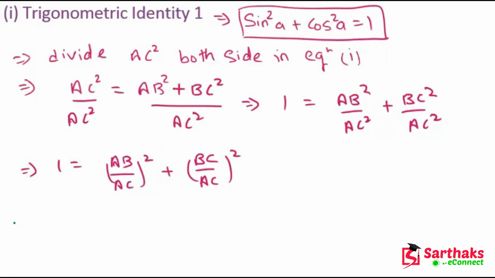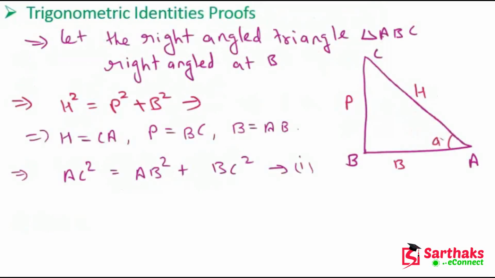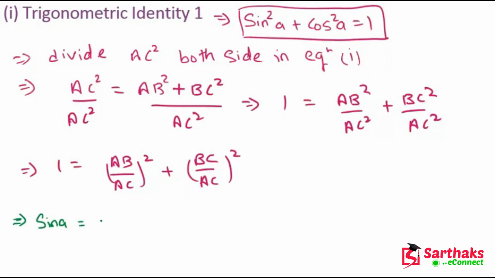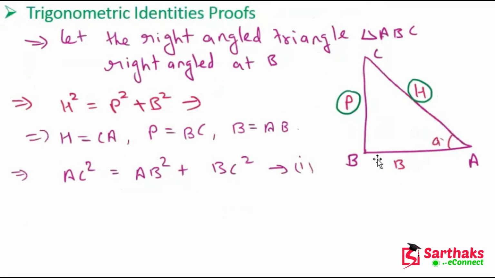Now we know that sin A is perpendicular upon hypotenuse. In this case perpendicular is BC and hypotenuse is AC, so sin A is BC upon AC. Now what is cos A? Cos A is base upon hypotenuse.